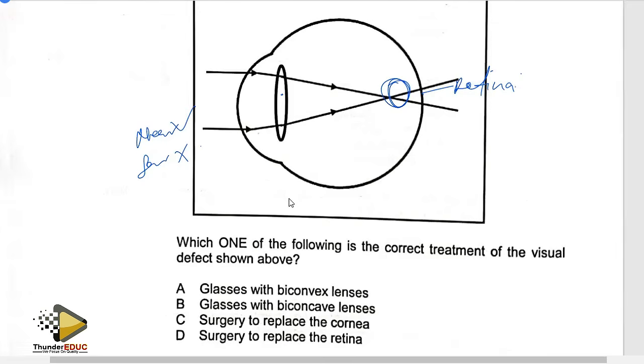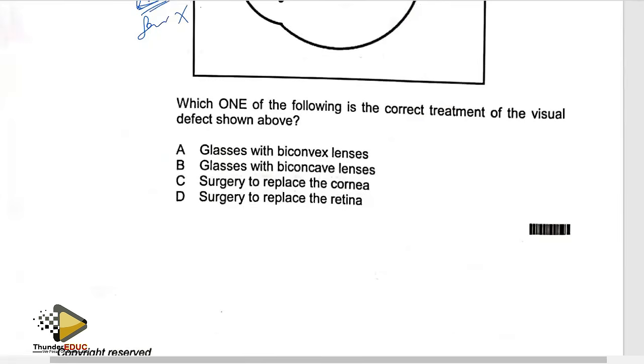Because you see objects which are near, we say that this person has what you call short sight. Remember, if it is more than 6 meters, it becomes far. Less than 6 meters, it becomes near. Now, let's go to the question, because you have seen the defect. Which of the following is the correct statement of the visual defect shown above?